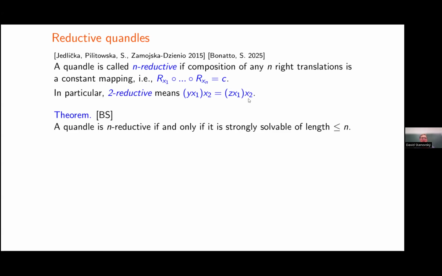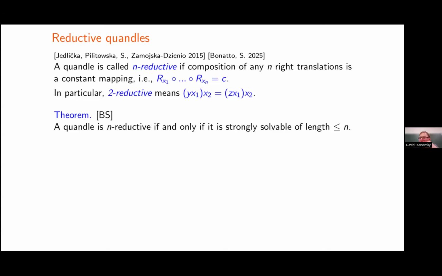What is mediality? Mediality is an identity you might have seen: (x·y)·(u·v) equals (x·u)·(y·v). That's not interesting in itself. The good description of mediality is that it has something to do with affineness. Medial quandles can be composed from affine quandles using certain meshes of affine maps.